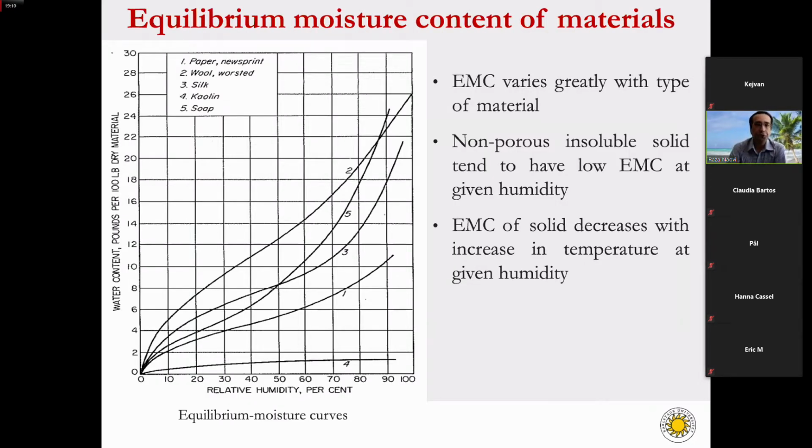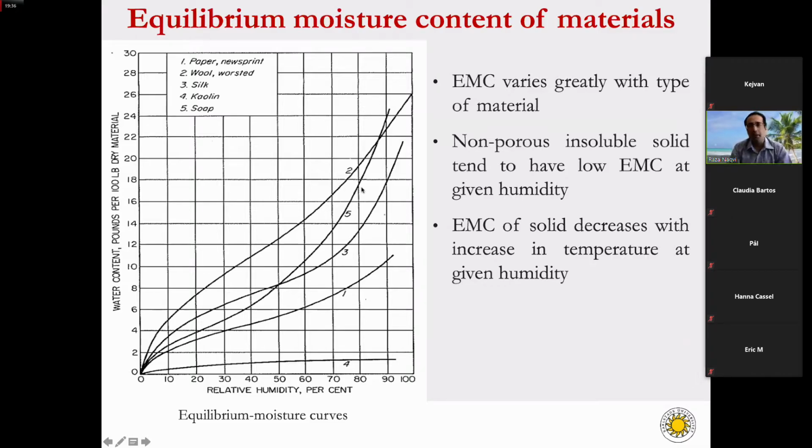This is just to show you the equilibrium moisture content of many different types of materials. As you can see, this is the curve for paper or newsprint material. This number 2 curve is for wool, which is a little bit like a porous material. This number 3 curve is for silk, then we have kaolin, and then number 5 for soap.